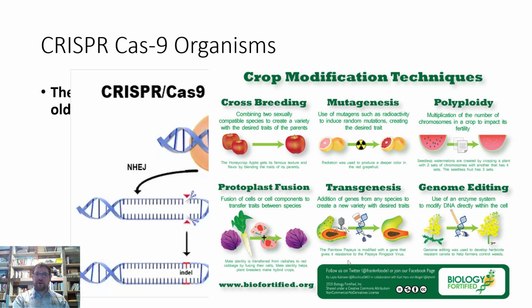Okay. So what I really want to just kind of clear up, just to make sure people understand, crop modification techniques, these are all technically genetically modified organisms. They would not occur in a natural way. You would not get polyploid, seedless watermelon, seedless grapes.